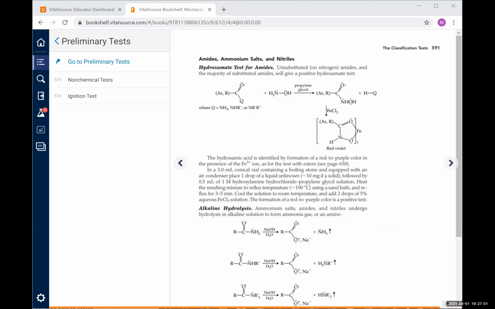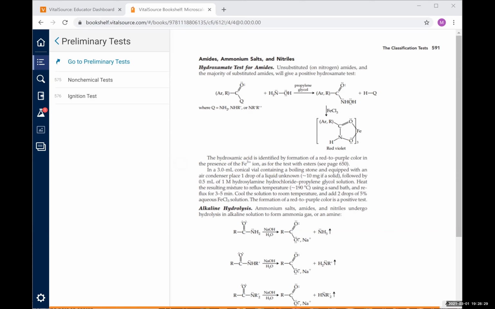We heat this mixture to promote the carbonyl substitution reaction to make our hydroxamate. And then by treating with iron trichloride, if we see a red-violet color, that implies that we have started out with an appropriate amide. So the red-violet color after reaction with hydroxylamine followed by iron trichloride is a positive test for an amide.